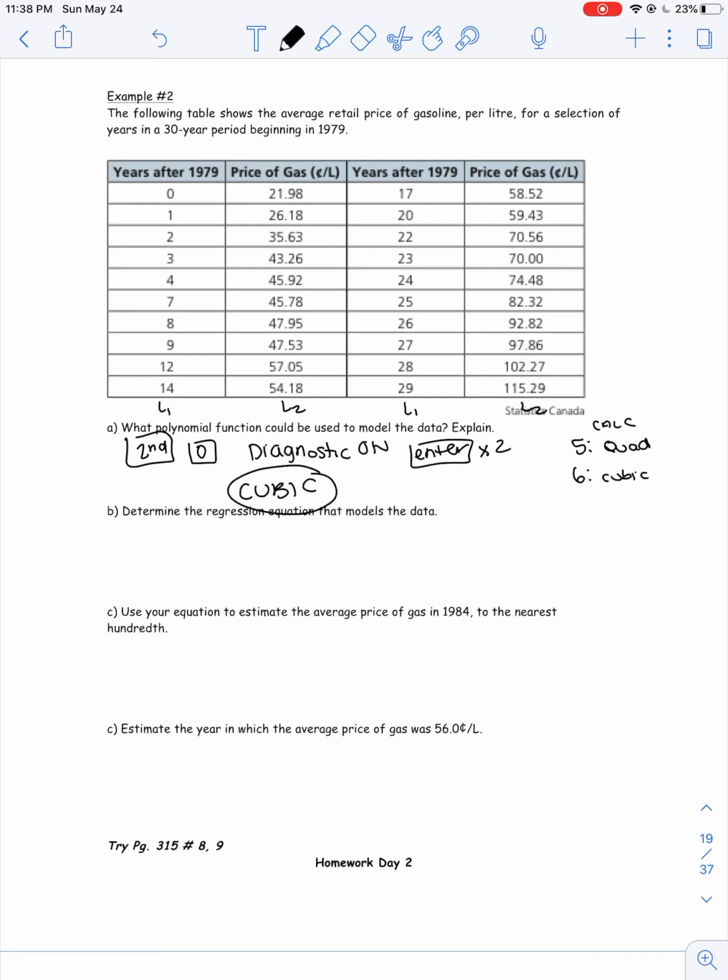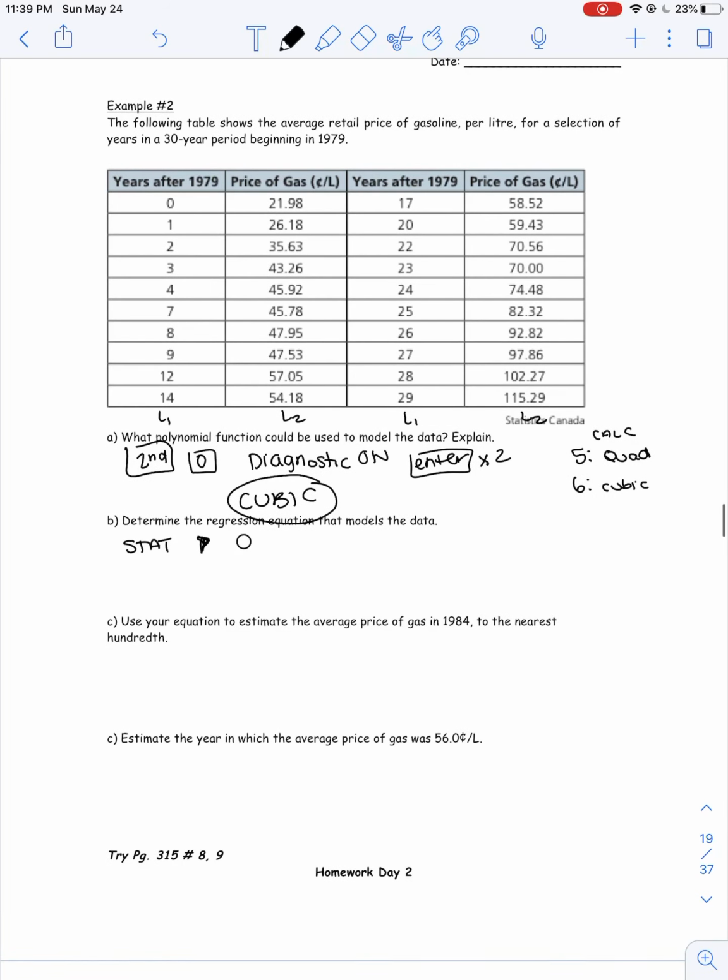Once you know that it's cubic, you're going to enter all these values into L1, L2, like we said. Then you're going to go to stat in this case. So you're going to do the previous steps that we did before. You're going to go to the arrow.